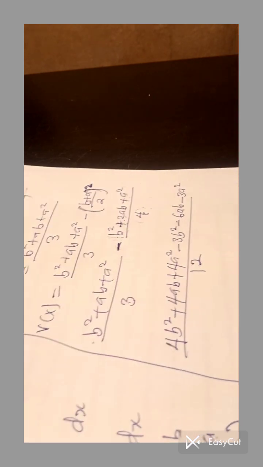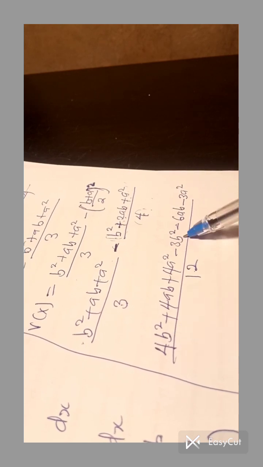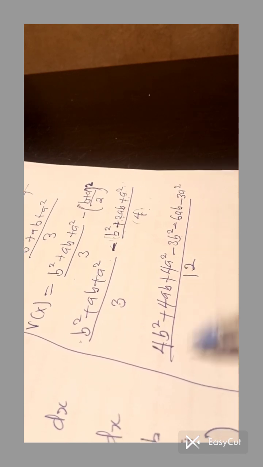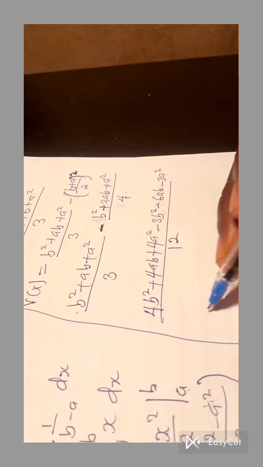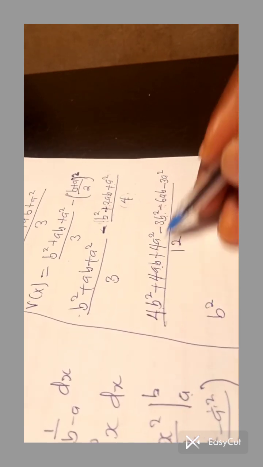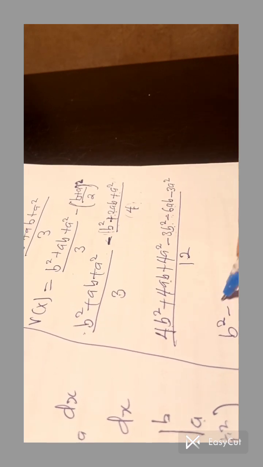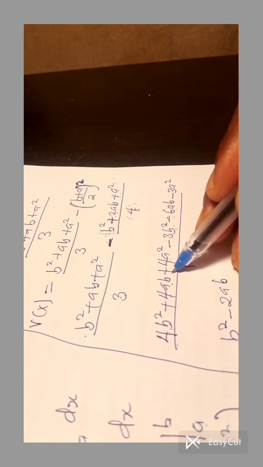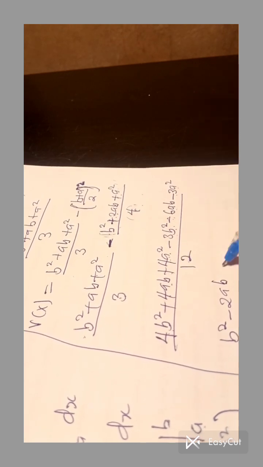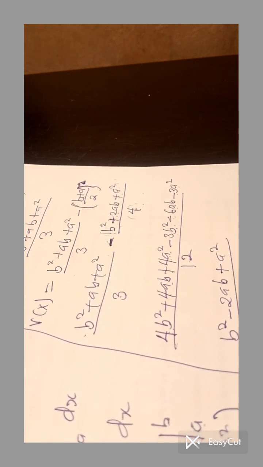And we now have 3a squared. And we can see that this b squared is also found over here. So we have 4 of them and 3 of them. So 4b squared minus this, that leaves us with just b squared, and 4ab minus 6ab, that will give us minus 2ab. And 4a squared minus 3a squared, that leaves us with a squared all over 12.